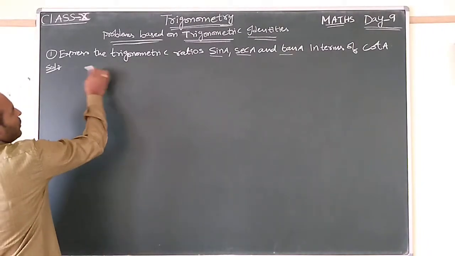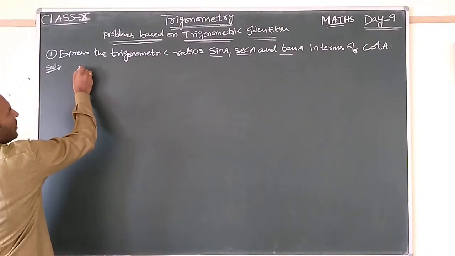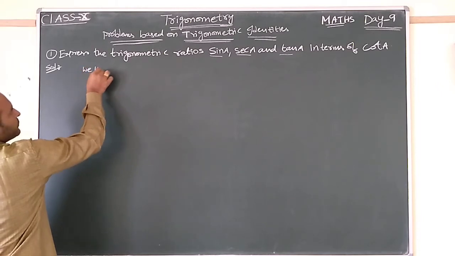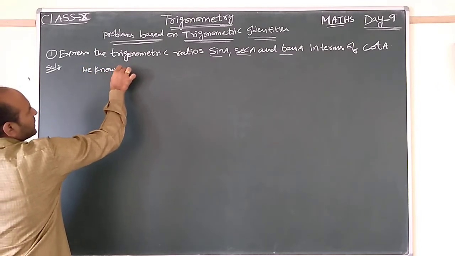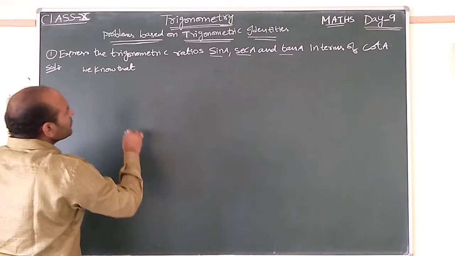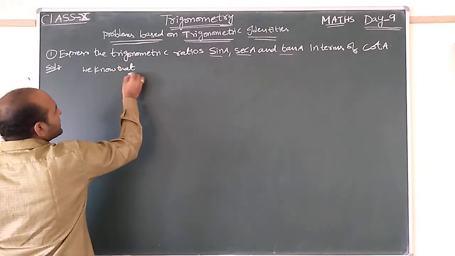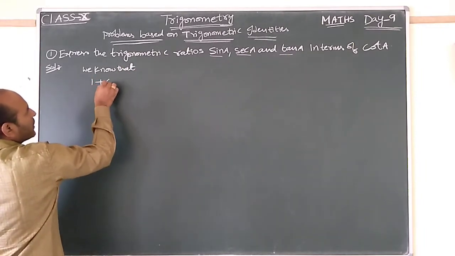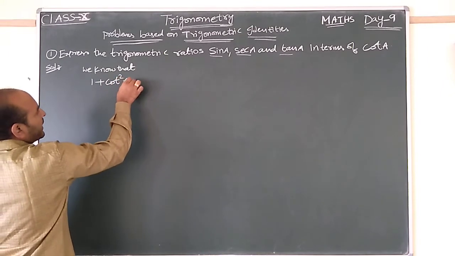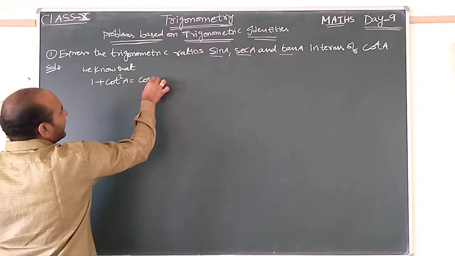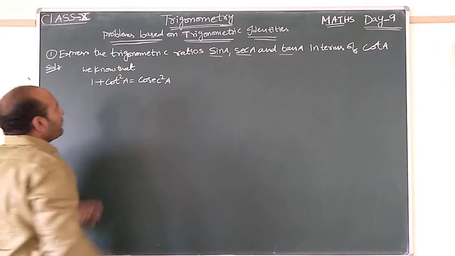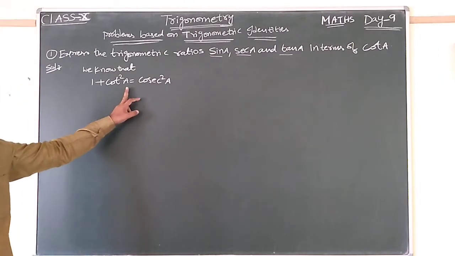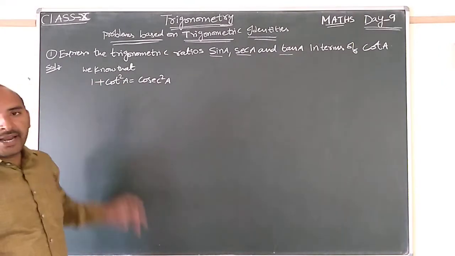So now first one, we know that 1 plus cot square A is equal to cosecant square A. That is one identity.